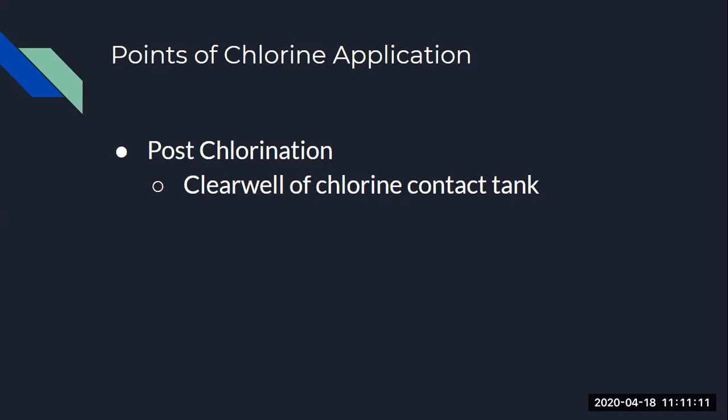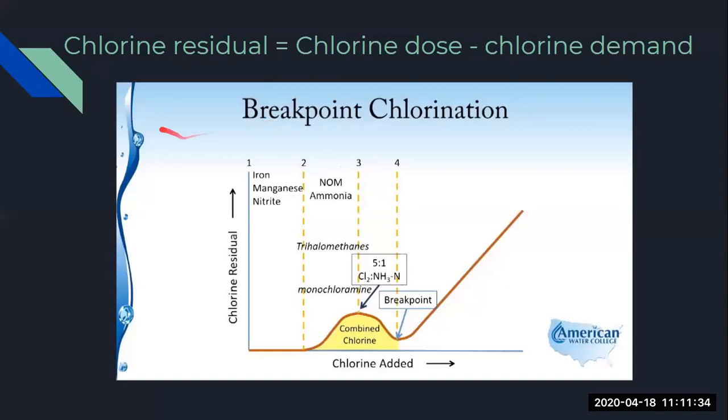When we talk about the contact tank, we're talking about disinfection there. We hold the water for a while until we can ensure that we have proper disinfection and we have reached our residual. And in the distribution system as well.